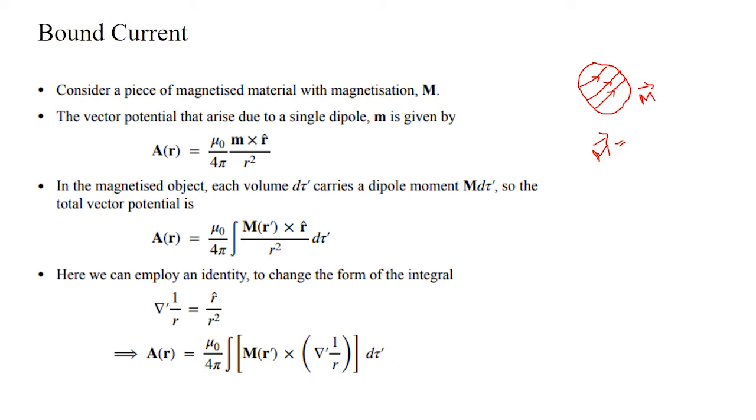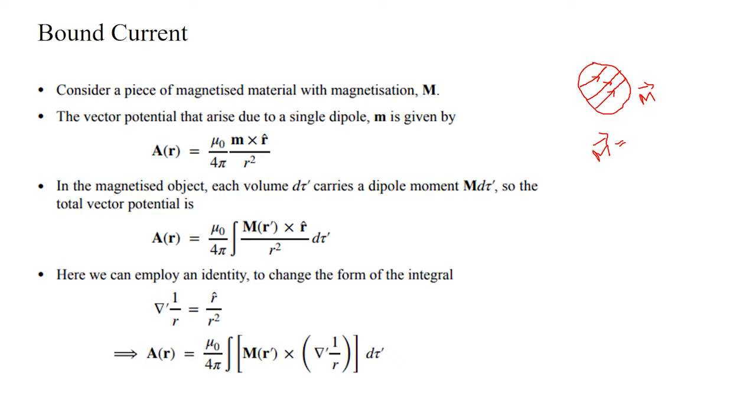This is equivalent to the bound currents and surface bound currents, just as polarization in the electrostatic case was equivalent to the bound charges, both the bulk bound charge and the surface bound charge.